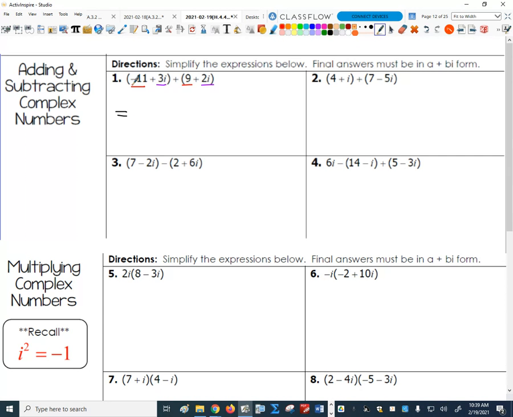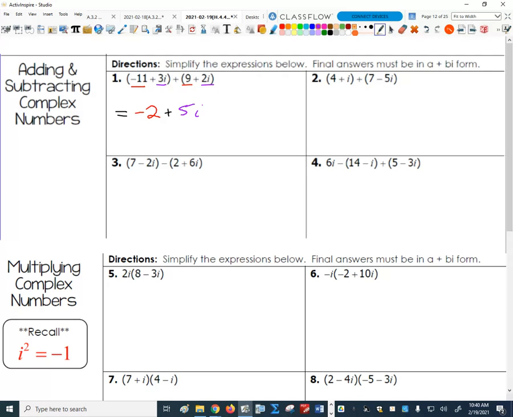And I get negative 11 plus 9 is negative 2 plus 3i plus 2i is 5i. That's it. How simple, right? You got it. You know everything you need to know to add any number of complex numbers. You just add up the real parts and the imaginary parts as like terms.